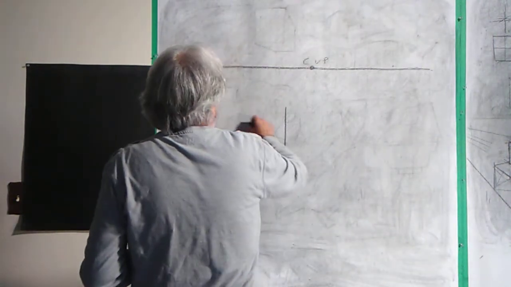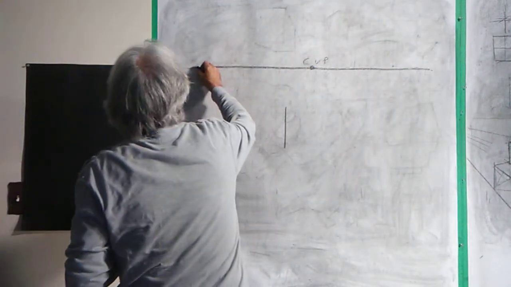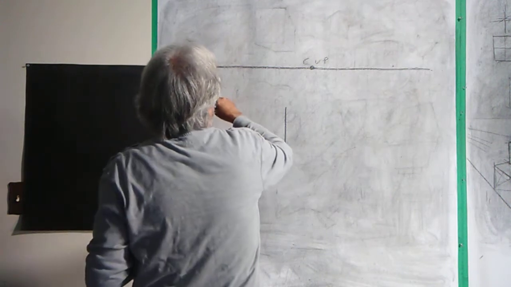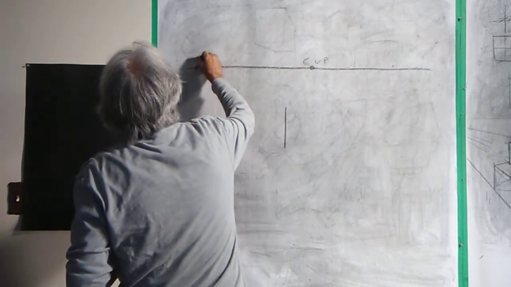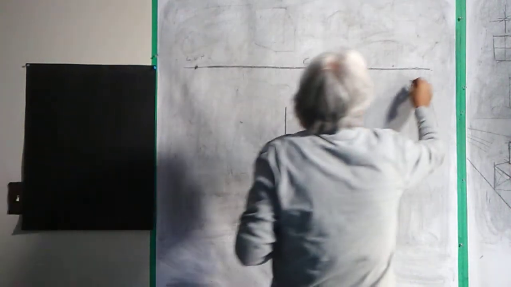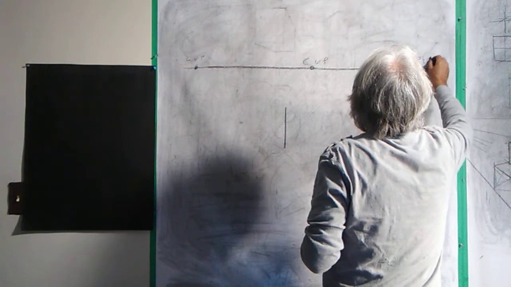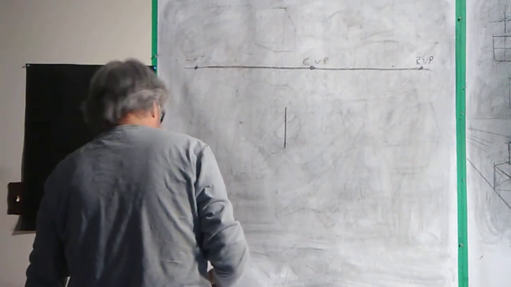So what will happen with this now is we're going to have 2 sides, both have to converge. So one of our sides, I'm going to bring it to this vanishing point, which I'm going to call the left vanishing point, and this is my right vanishing point. So now we have 2 vanishing points.